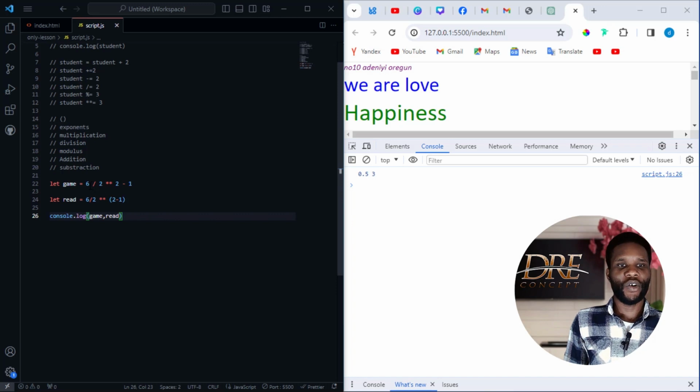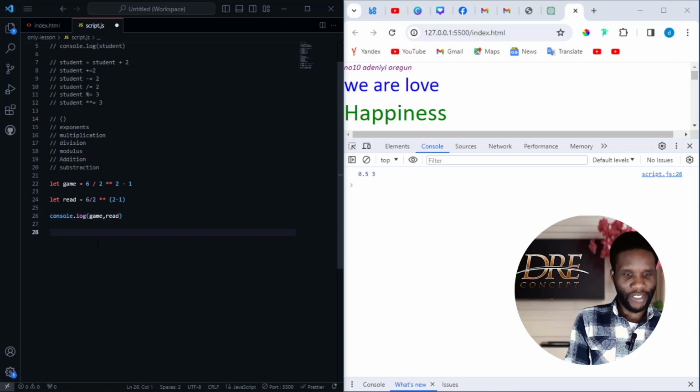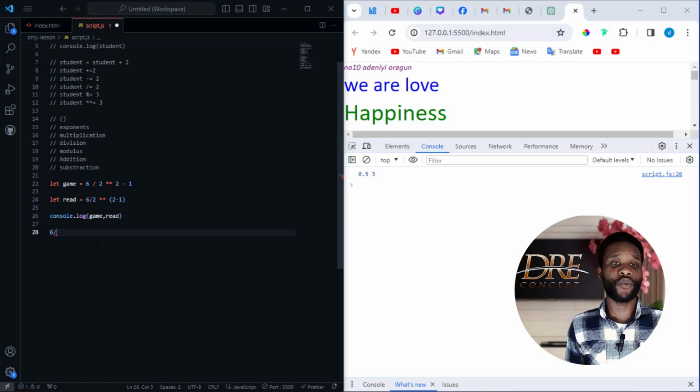Why? Because as I said, the exponent comes first. So here you are going to make sure that you solve this, which means 6 divided by 2 to the power of 2. 2 to the power of 2 will be 4, minus 1. Which one comes first?